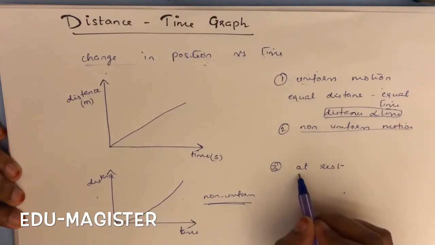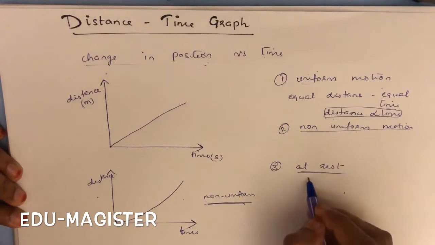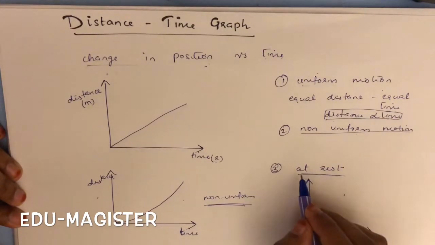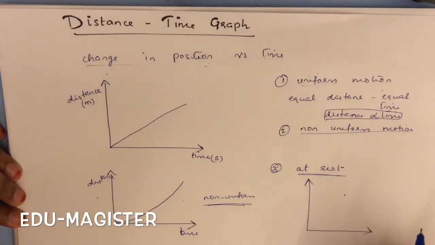Now, what about the shape of the graph if the object is at rest? What is the meaning if the object is at rest? That means the object is not moving, right? The object is not covering any distance.